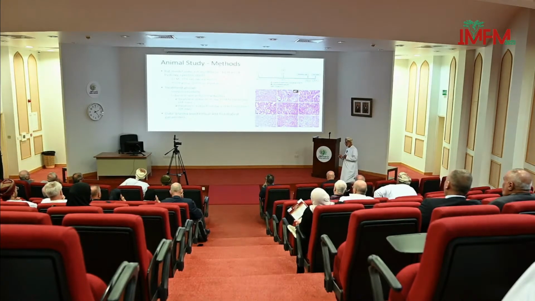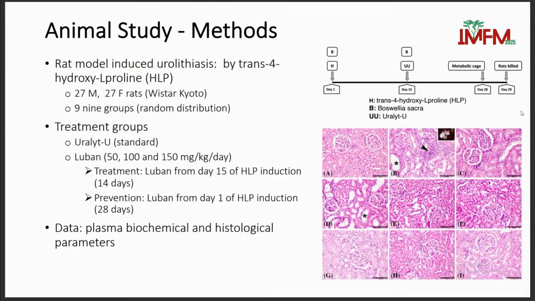In this study, we looked at both treatment and prevention. For prevention, we started from the beginning by giving Luban at different concentrations, after inducing stone formation with hydroxyproline, L-proline. For the treatment, we gave it from day 15 of the experiment, as you can see here, and then we ended the experiment at 28 and 29 days.